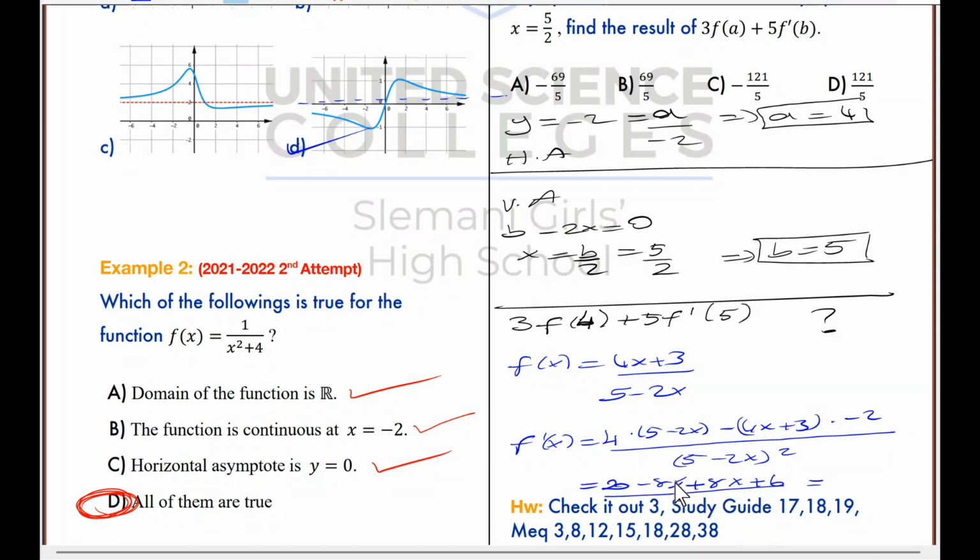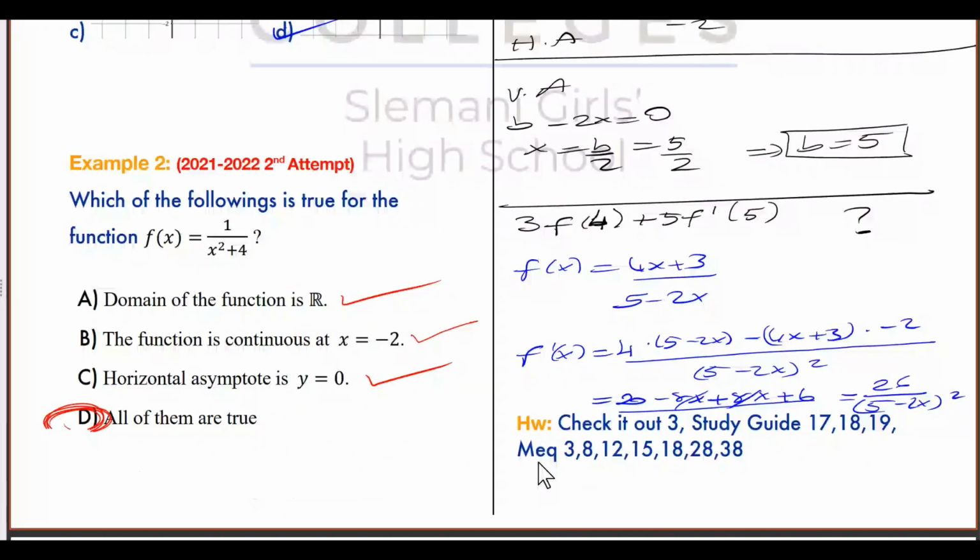So when I simplify it, I'll get 26 at the top, 5 minus 2x squared at the bottom. Now, let's evaluate the function at 4 and the derivative at 5.